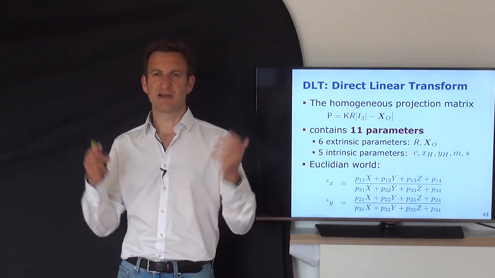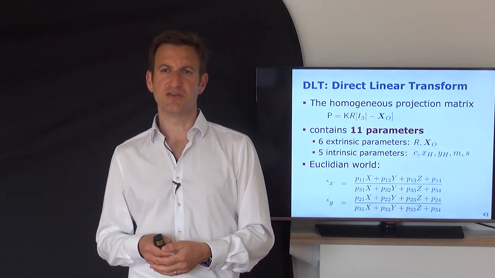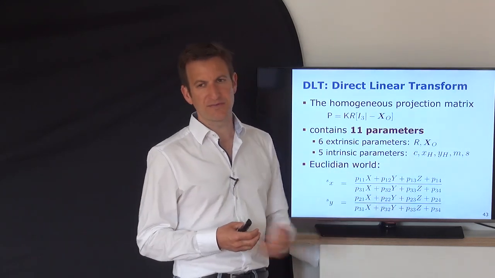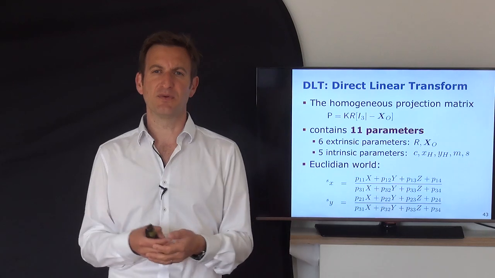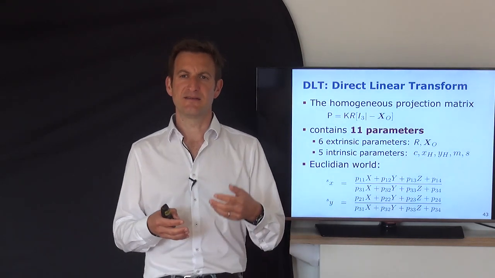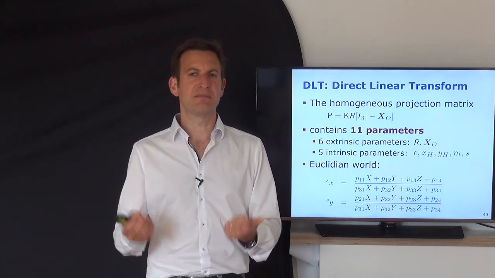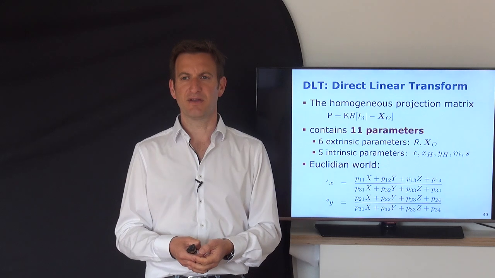Therefore one parameter is lost because we're living in this homogeneous world. So with these 11 parameters, all the elements of this matrix are defined, because we know this matrix only up to a scaling parameter, and the matrix in homogeneous coordinates is the same if I multiply it with any scalar. So it's the same entity that we have over here.